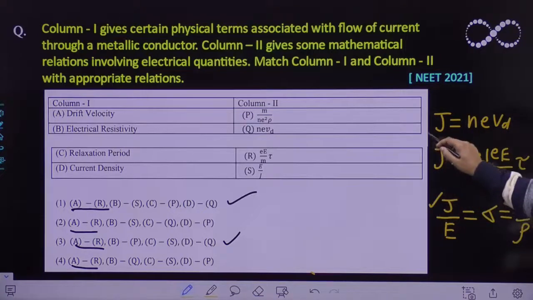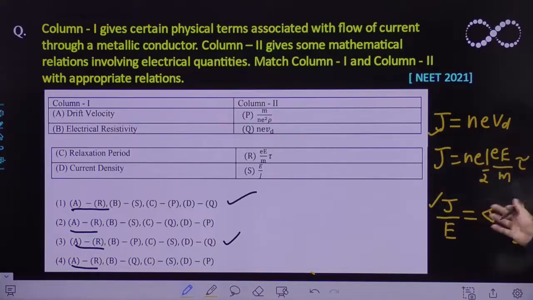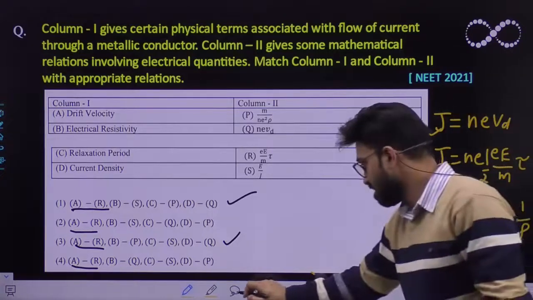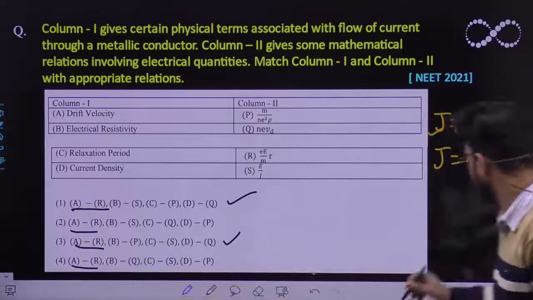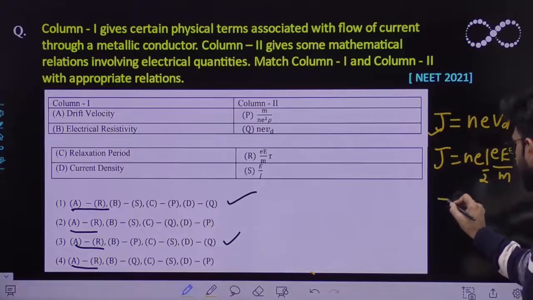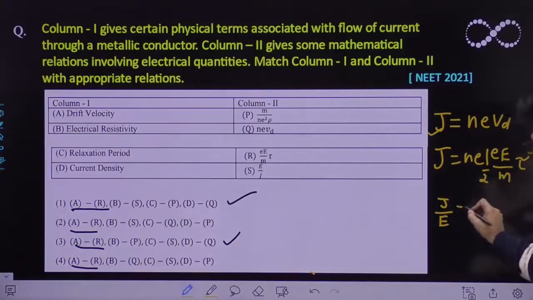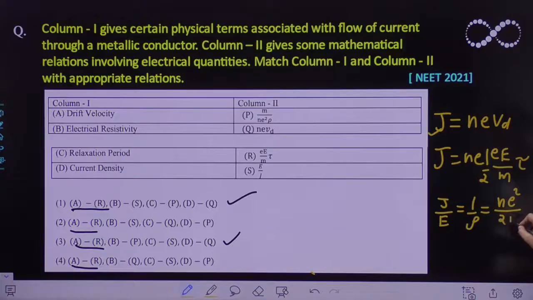All these formulas you have to learn in order to come to the final conclusion. So this sigma is related to 1 by resistivity. If I put the value over here, you'll be getting 1 upon resistivity as J by E, which is n e square by 2m into tau.